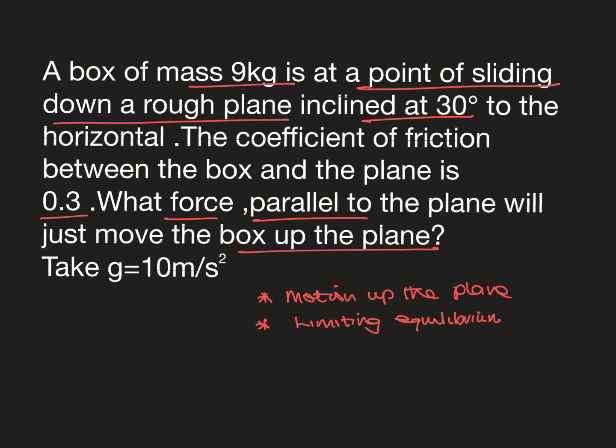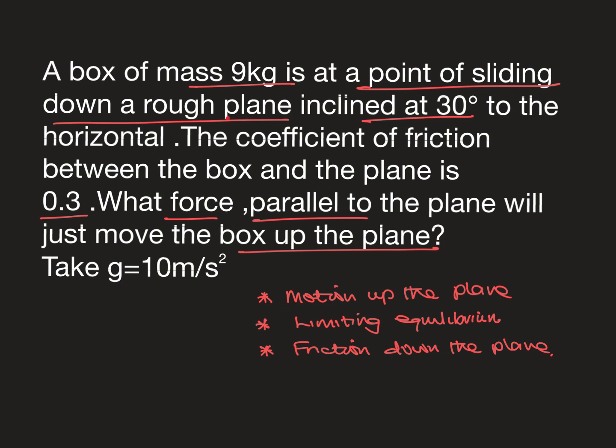For the fact that the body was about to slide down the plane, we need to know that the friction will act down the plane. The reason for that is the body is moving up.